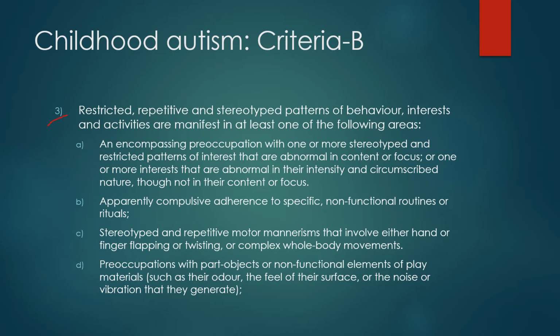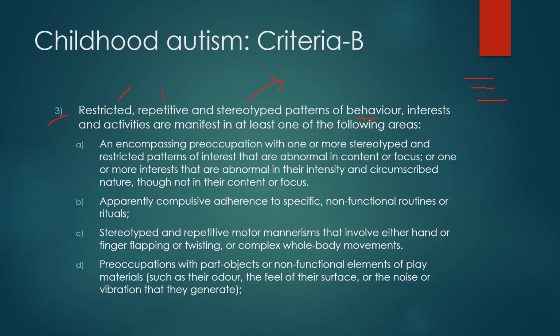Number 3. This is restricted, repetitive, and stereotyped patterns of behavior. So this is behavior. The first was social interaction. Number 2 was communication. Now we are talking about the behaviors. Now behavior in this case, autism, is restricted, repetitive, and stereotyped.